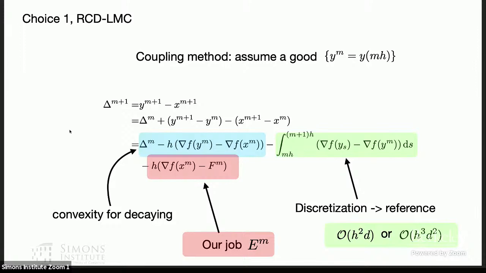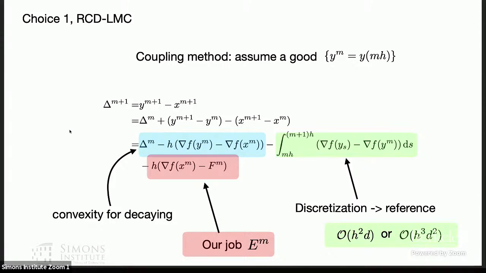I call the distance between Y and X delta, and I just expand it out. I find that the new iteration delta equals the old iteration delta plus some other terms. These terms can be grouped into three categories. This term is a good term. You pull out this mu, and this gives you 1 minus mu h. So this is a contracting term, and you hope to keep it there.